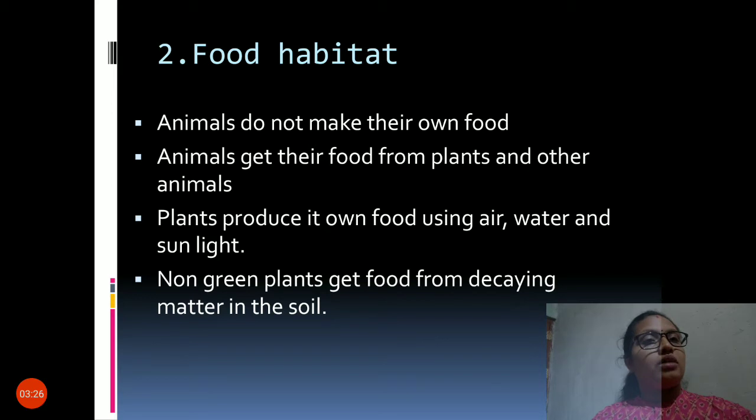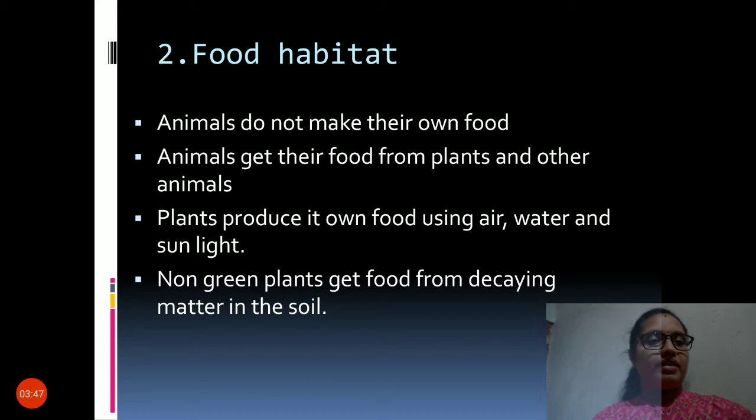Animals do not make their own food. They never make their own food. Totally, animals depend on plants and other animals. Like the horse, cow, sheep, these will eat grass, leaves, correct?